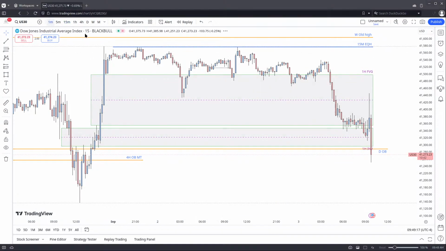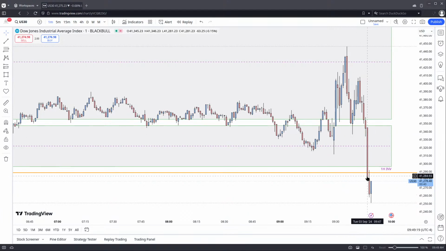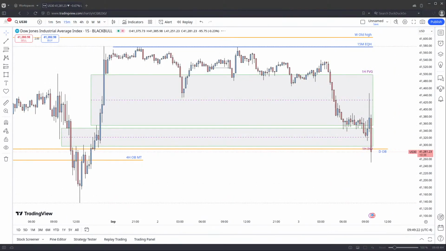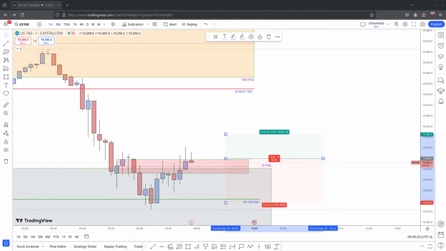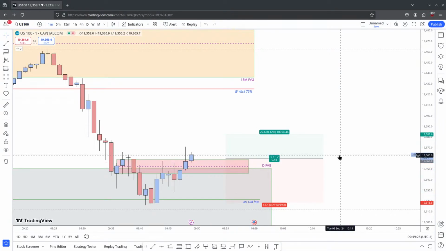Dow is doing the same thing, just tanking lower. So I want to see bullish prices, but I'm not going to force the market to give bullish prices to me. I'm going to be patient. Going to have to wait.